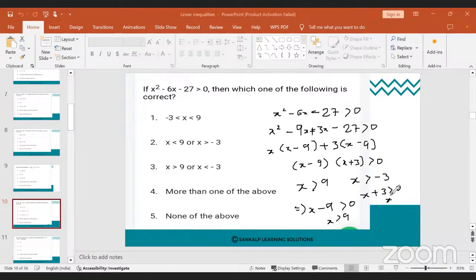X is less than minus 3. Why? Because when the inequality changes, x is greater than a positive number means obviously x is less than the negative number. So option C is the correct one. Option 3 is the correct answer.